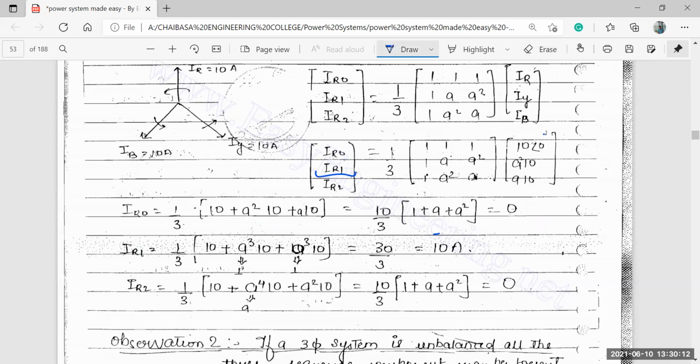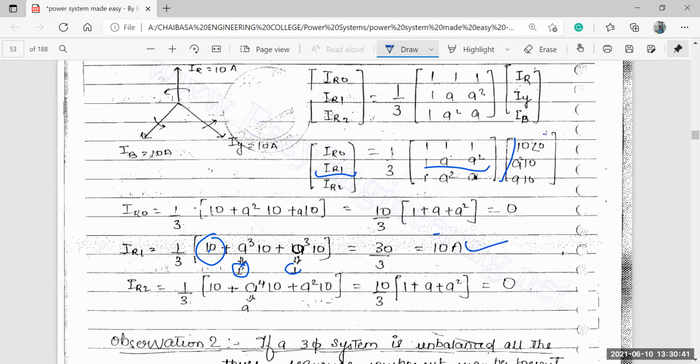Okay, now if we multiply for I1, that is the positive sequence, it will be 1 plus A times A square 10, which is A cubed 10, and again A square times A, which is again A cubed 10, so it will be 10. A cubed means 1, so 1 into 10 three times, which is 30 by 3, that is 10 at 0 degree.